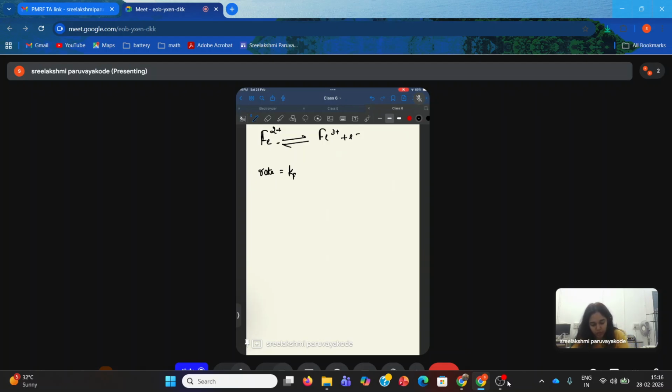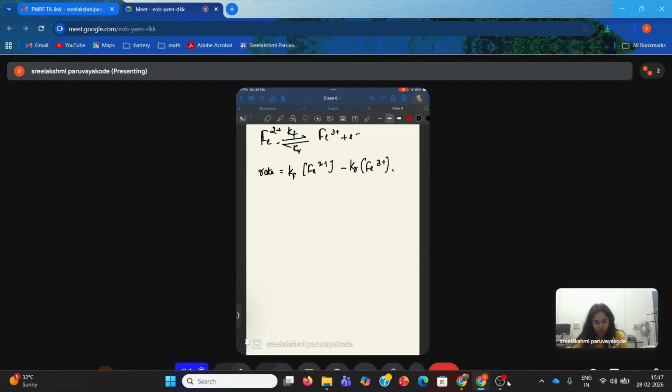Here the forward reaction constant is Kf and the backward is Kr. So the rate of the reaction is Kf times the concentration of Fe2+ minus Kr times Fe3+.